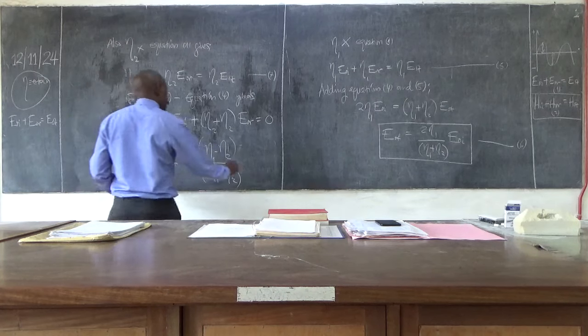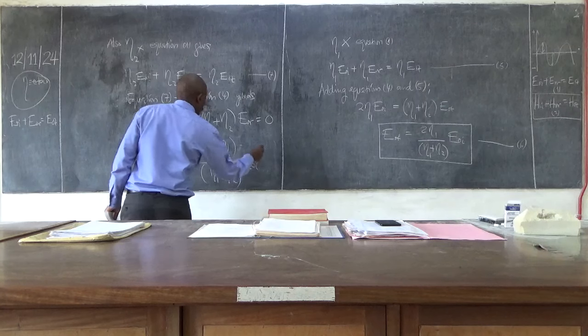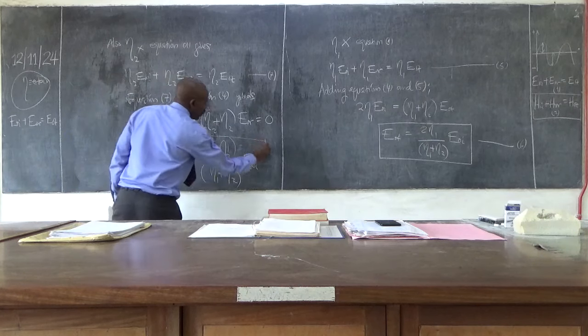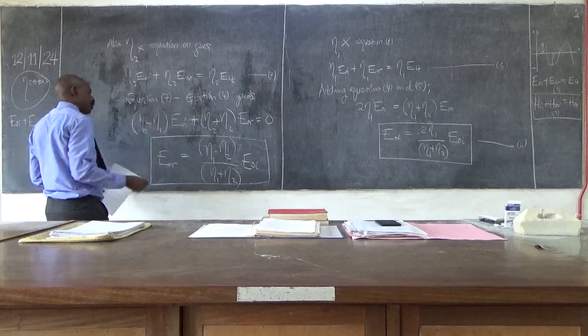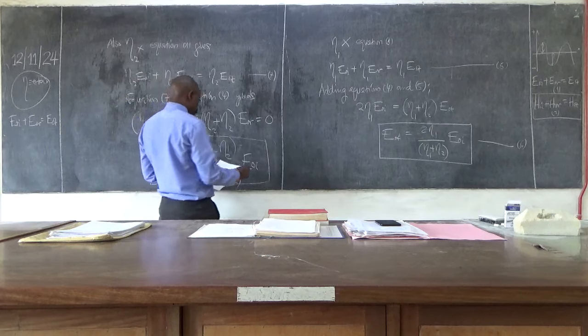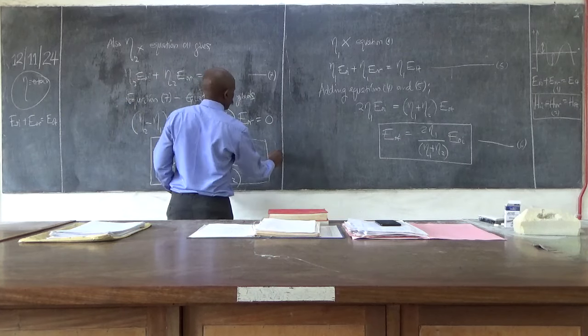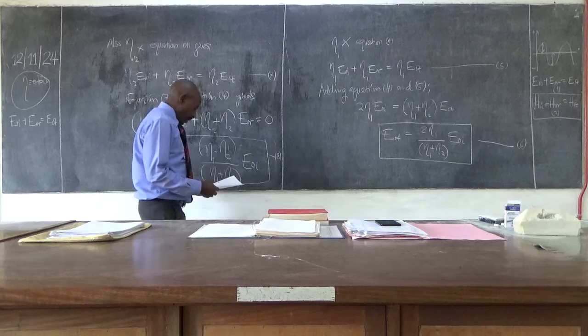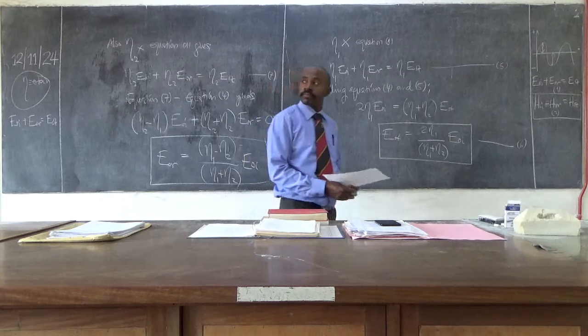You just get a piece of paper and chop them, they come up easily. This is equation 8, in general.